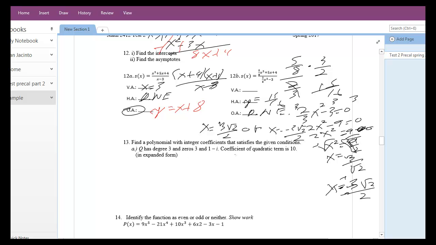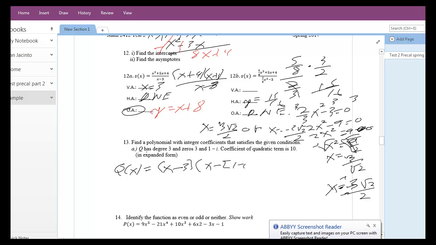Next one says find a polynomial with integral coefficients that satisfies the given condition. You remember, we're going to call it Q. It has degree 3, 0 is a 3, so x minus 3. He's got to have an x minus 1 minus i, and for every conjugate he has a cousin, very complex, so that becomes 1 plus i.